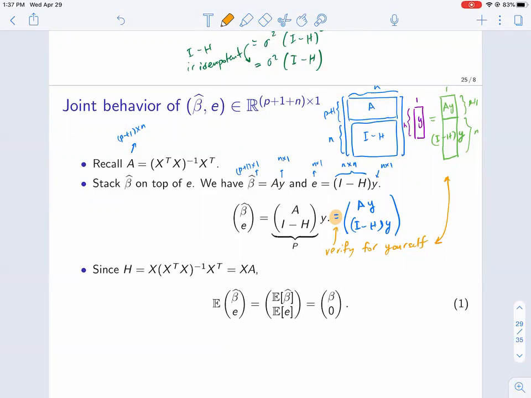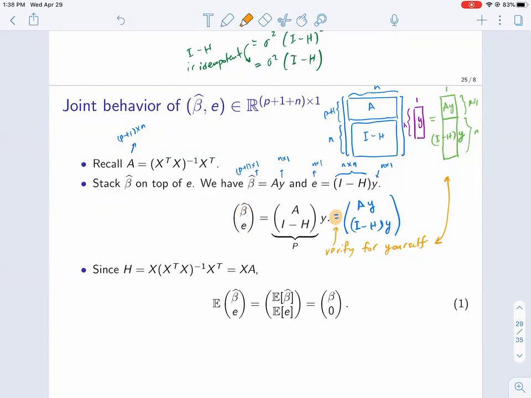Yeah, I've done similar things in your homework problem. And it's also probably going to show up in exams. So when I say, for example, find the joint distribution of beta hat and E, the most useful thing is to write them as a matrix times some other vector whose distribution you know.